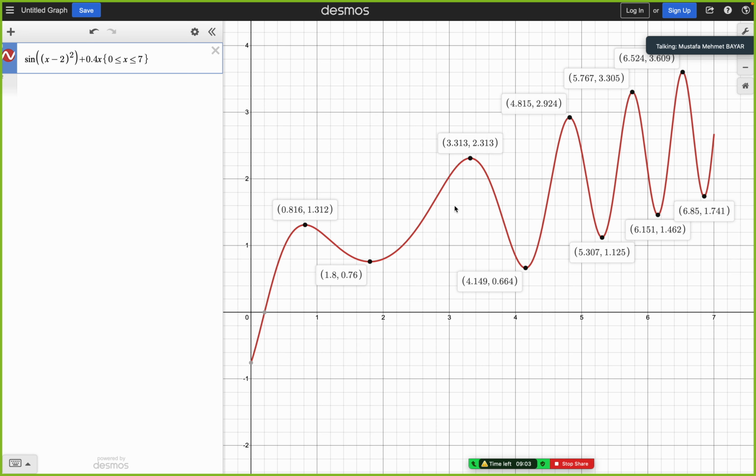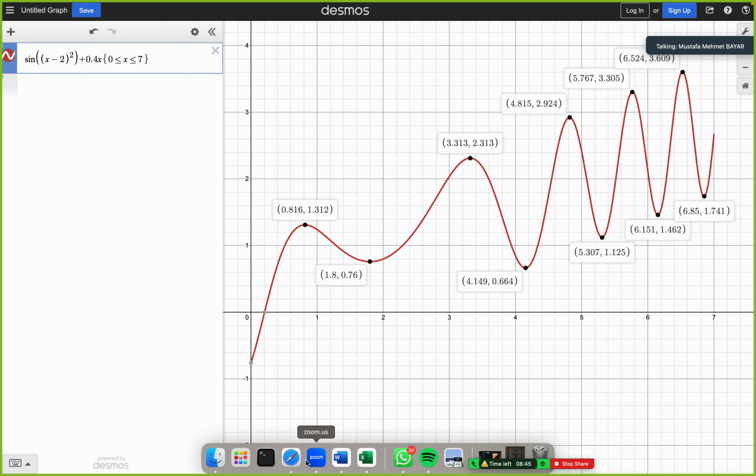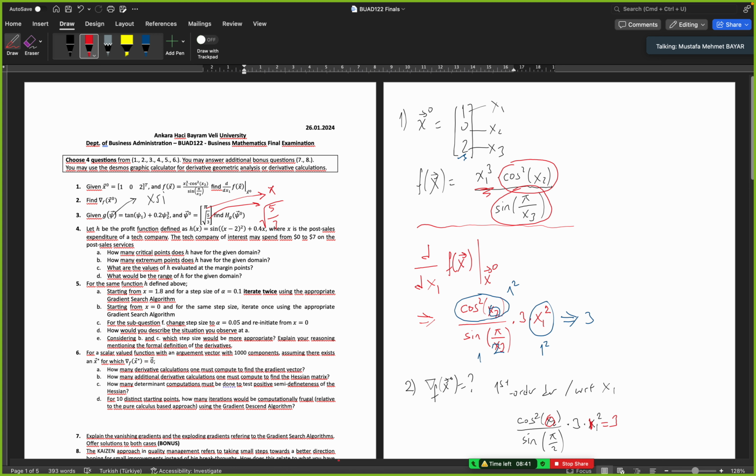So let me just count them. 1, 2, 3, 4, 5 peaks and 1, 2, 3, 4, 5 bottoms. So we have 10 critical points. That is the answer for question 4A.